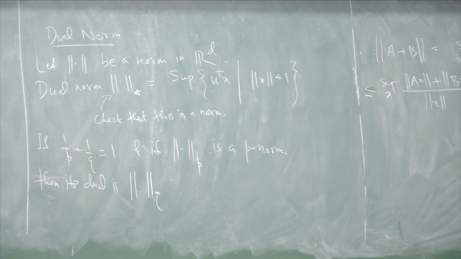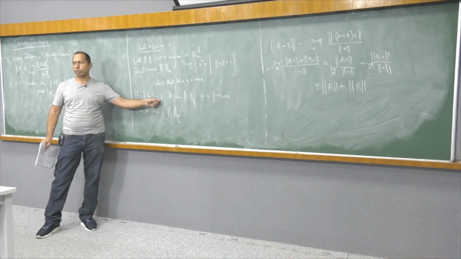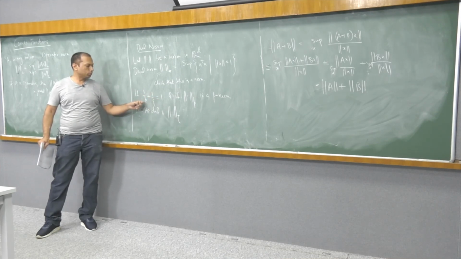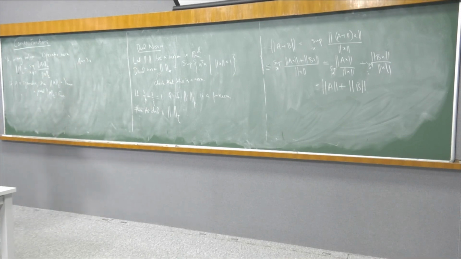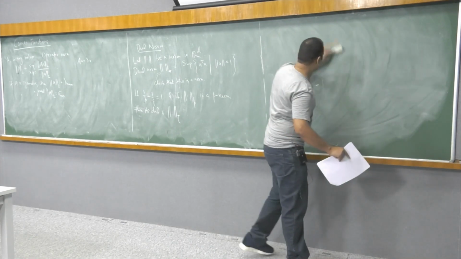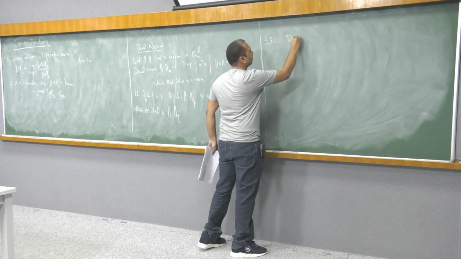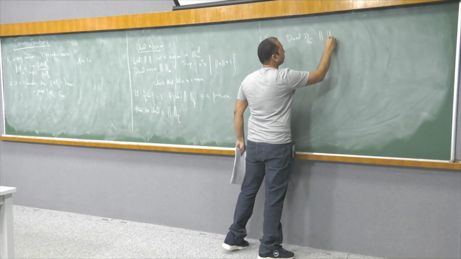So for instance, let us say the 2 norm. What is the dual of a 2 norm? The 2 norm itself, right? Because p is 2, then I am looking for q for which 1 by 2 plus 1 by q is 1. So if I choose q to be also 2, then 1 by 2 plus 1 by 2 is 1. So the dual of a 2 norm is the 2 norm itself.